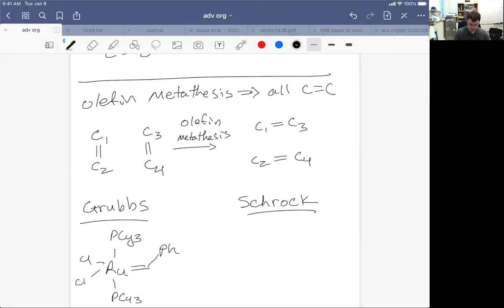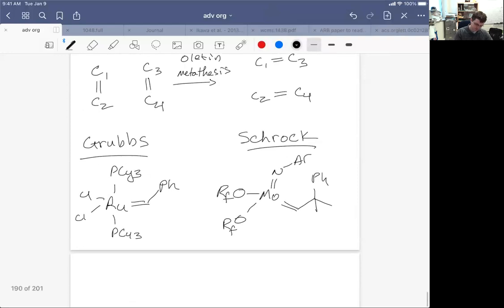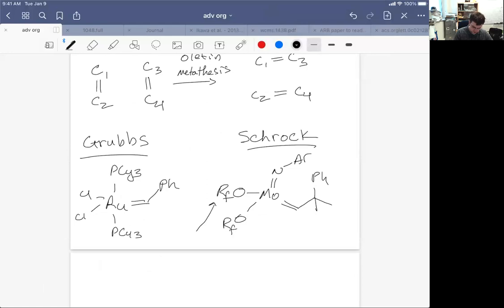And Schrock has a molybdenum center instead, and we have OR with a bunch of fluorines, OR with a bunch of fluorines. These RFs are usually fluorinated alkyl groups.